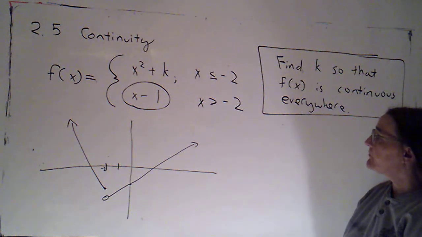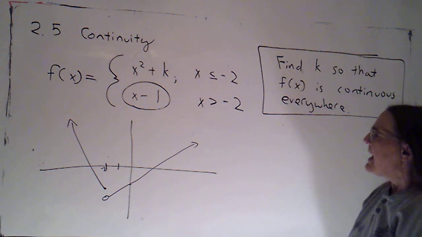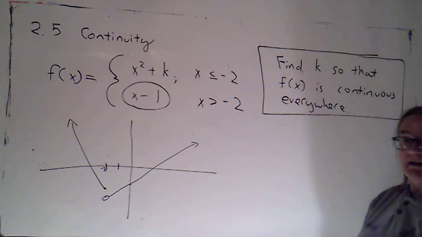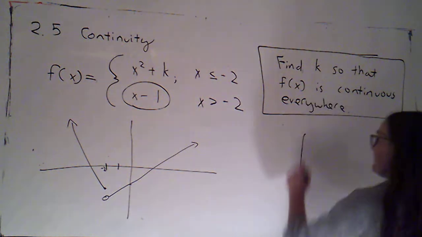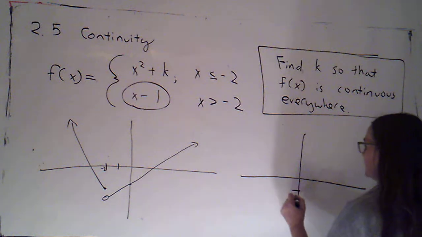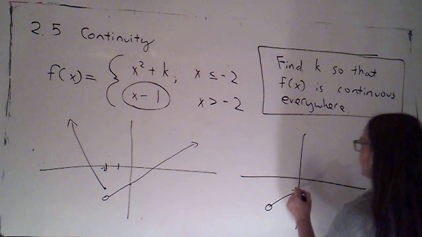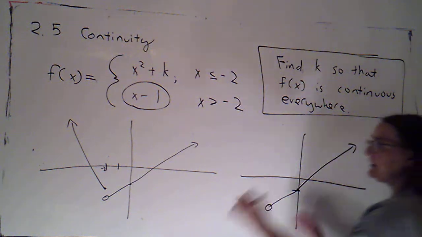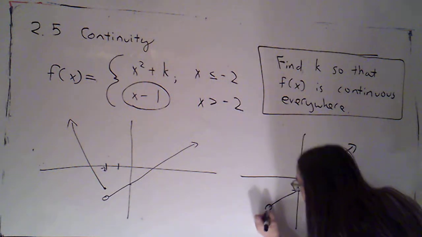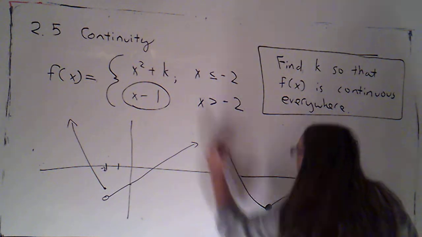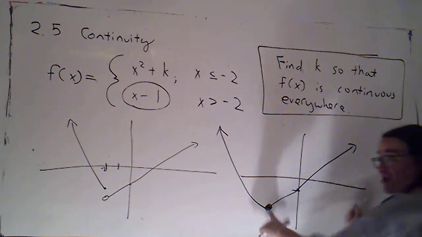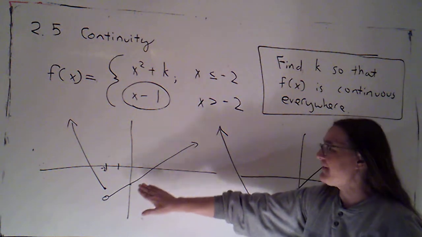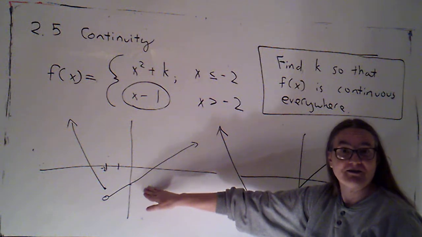Now, if my function's going to be continuous, I don't want this picture. What I'm going to want is that the hole where the line leaves off gets filled in by the point where the parabola starts. I want this picture, not this picture. If I have this picture, I've got a jump discontinuity.